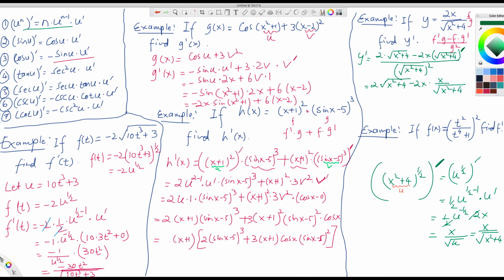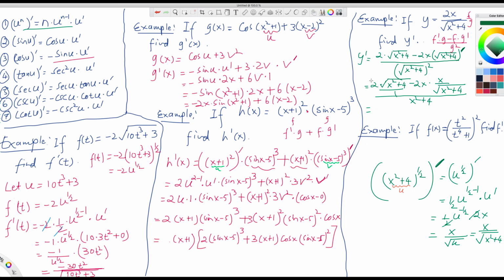That's what you get. You can leave like this, or the better way is you just make the same denominator, okay? Because there is 1 in the denominator, you multiply the denominator and write that thing. So by the way, I forgot the overall denominator is x squared plus 4.